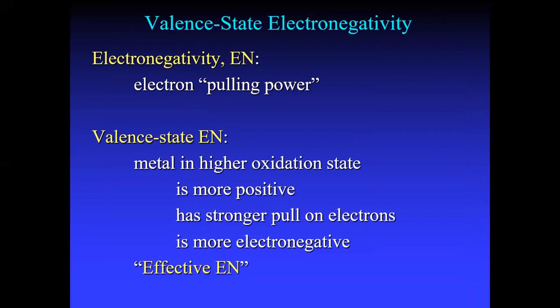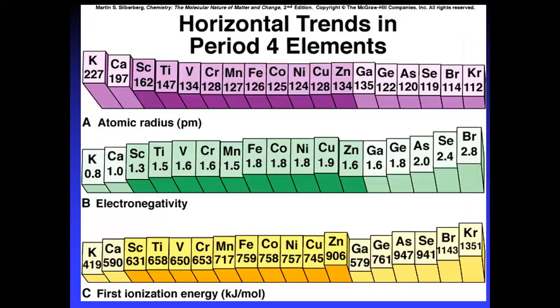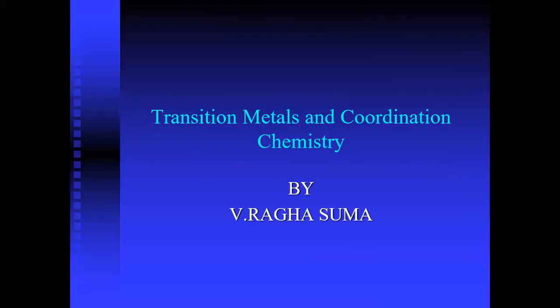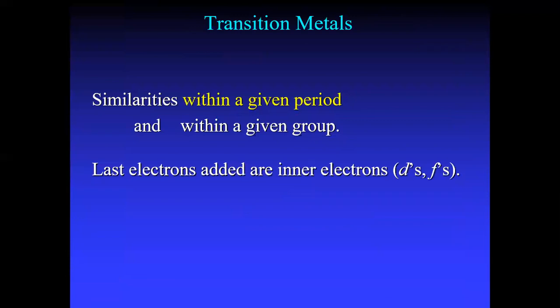I hope everybody has understood my class. What we have discussed in today's class is about the transition elements. The periodic table, the most important chemistry reference, arranges all known elements in an informative way, from left to right, top to bottom, with increasing atomic number.